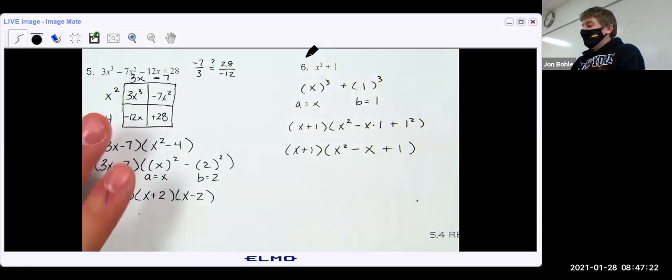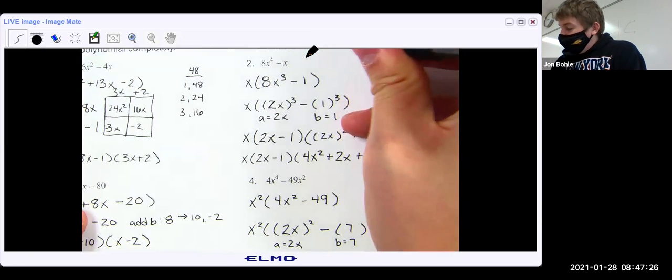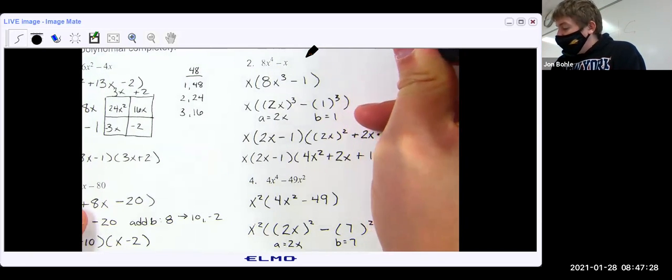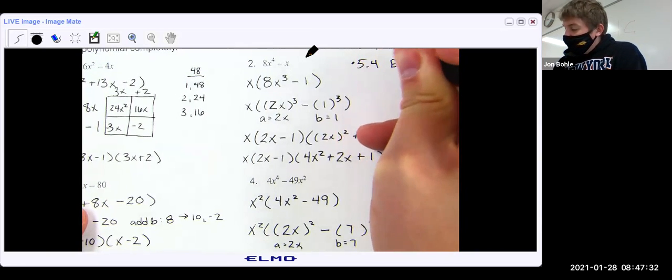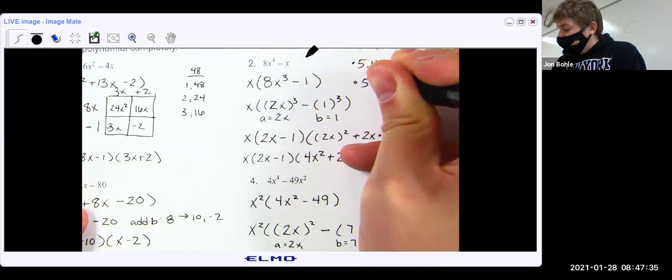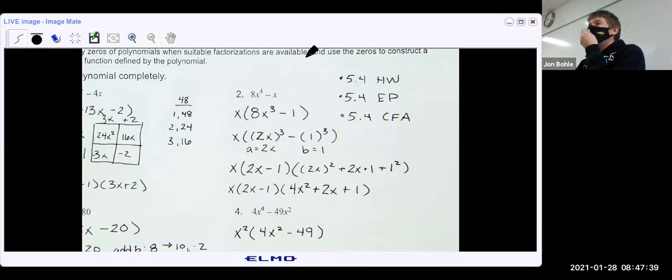Okay, this is what I want you doing today. Try to make sure you have the 5.4 homework done, the 5.4 extra practice. I really would like 5.4 CFA done, so I can get a sneak peek of who is still struggling.